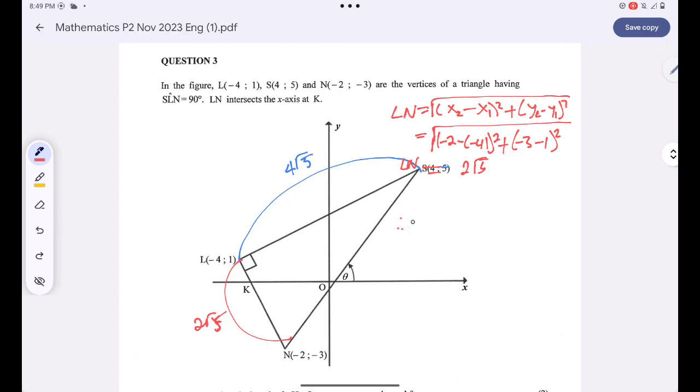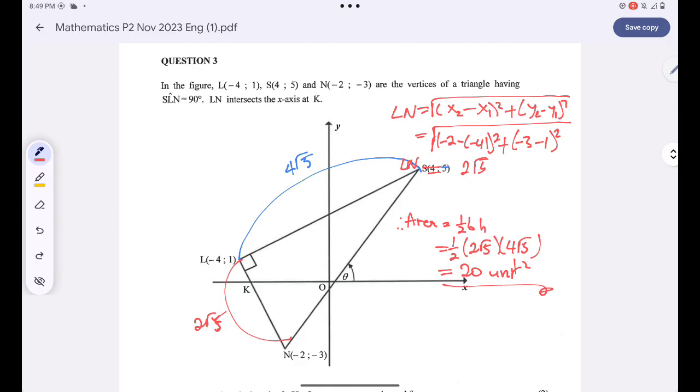So therefore the area of a triangle is half base times height. 1 over 2, my base is 2 root 5, my height is 4 root 5. So this will give me 20 units squared.